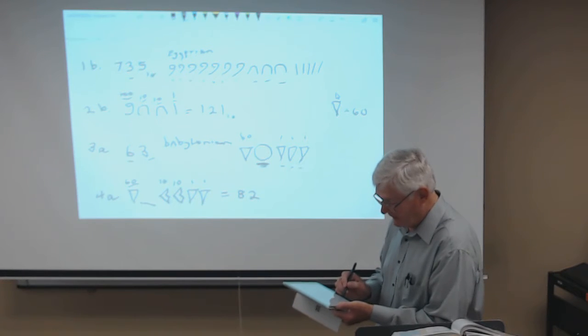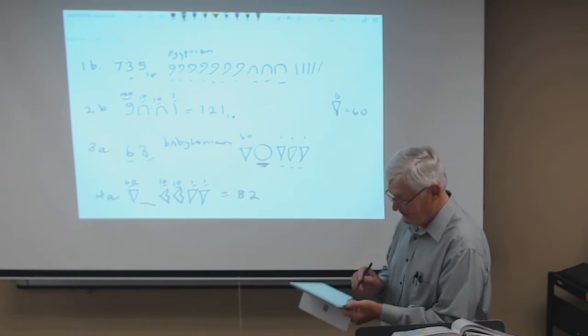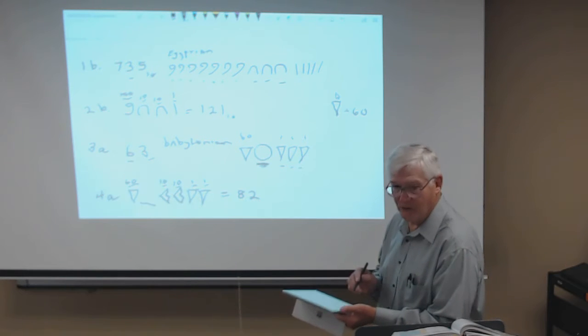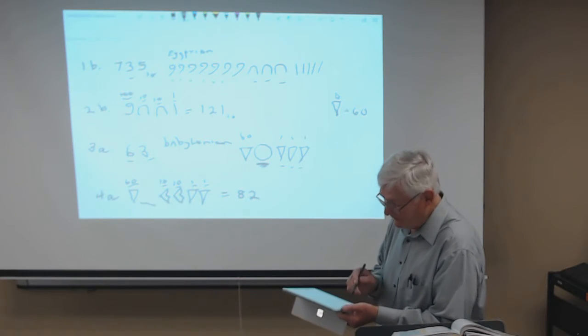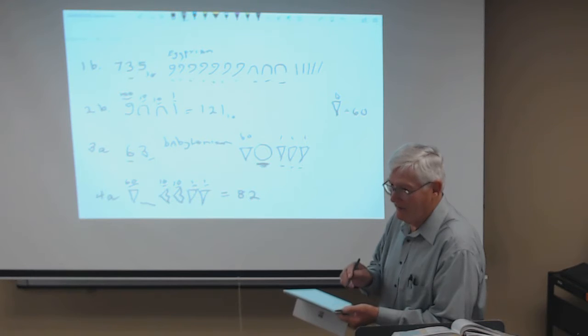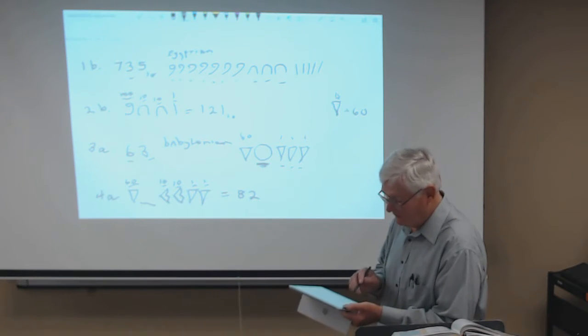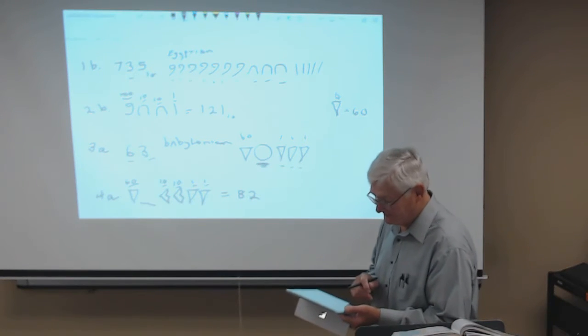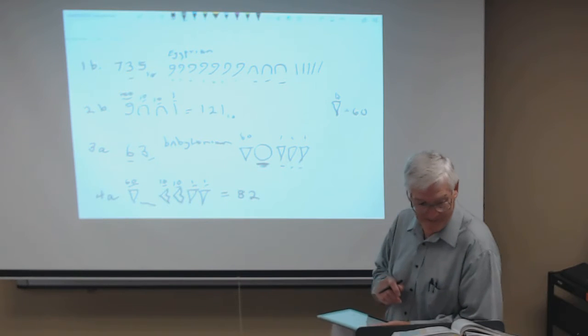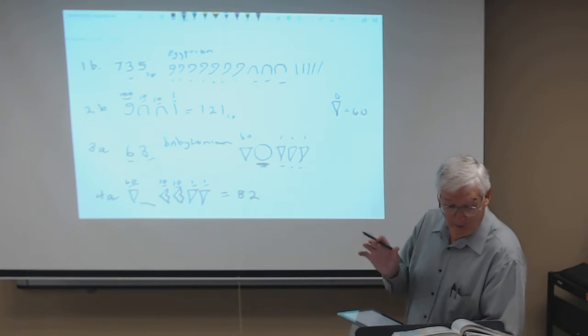Then what are these little flying wedges? 10 and 10. And then these little axe heads are 2. So that would be 60, 70, 82. So write yourself a note about what that space means when you're doing Babylonian. Okay? Any questions?